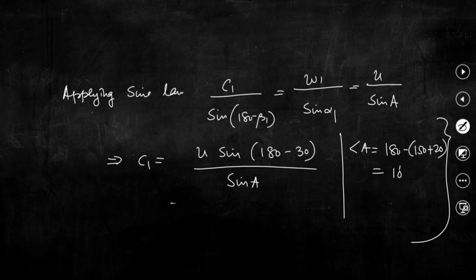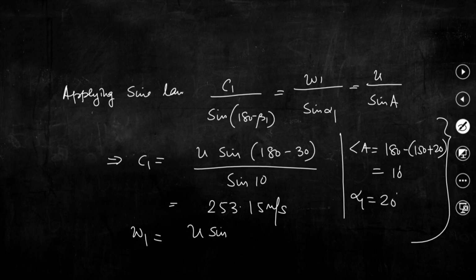So, this is sine 10, and you will get the value 253.15 meter per second. And similarly, we can get W1 equal to U sine alpha 1, equal to 20 degree, that is already given, divided by sine 10, and that would be equal to 173.16 meter per second.